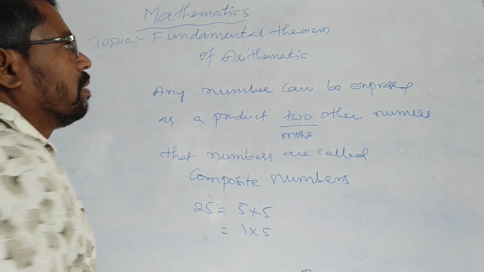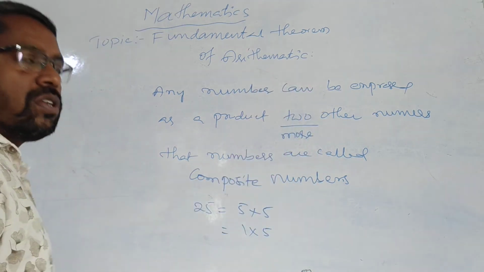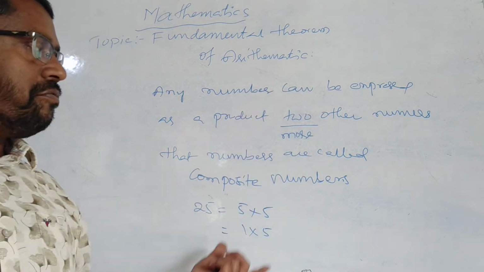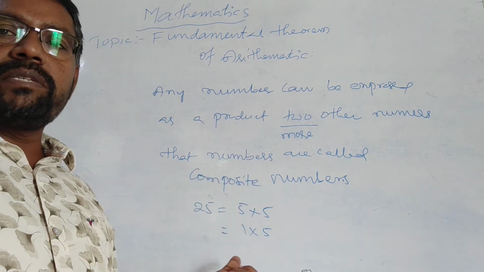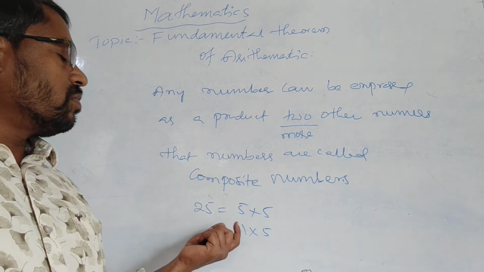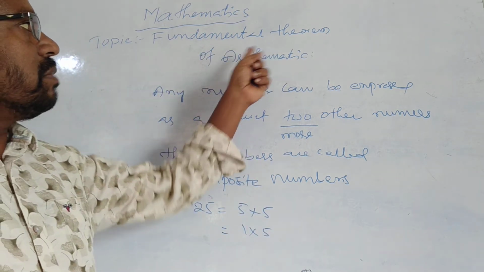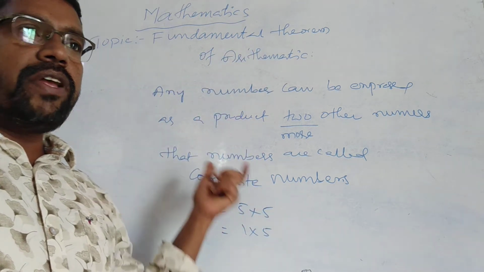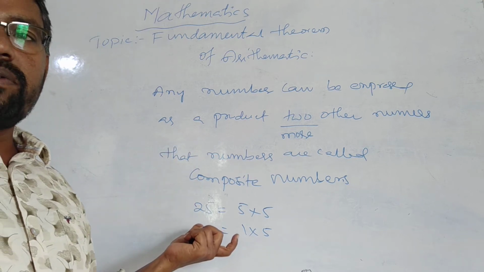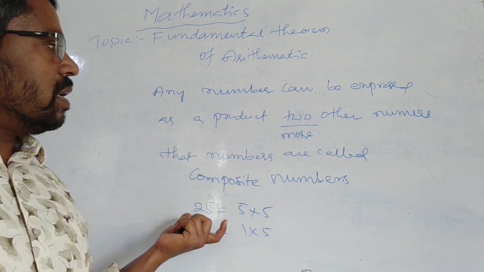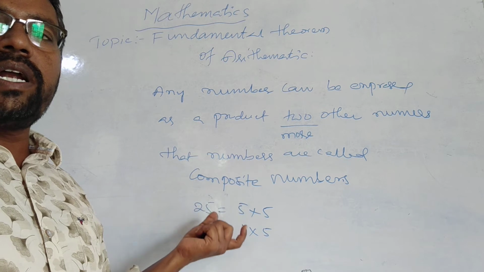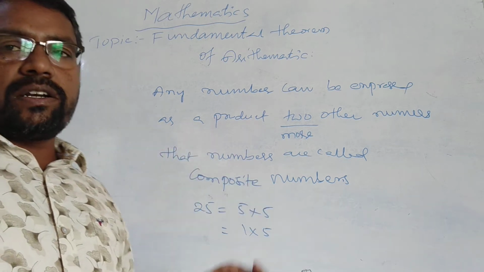We can say that, but other numbers also we can take. Every number can be expressed as the product of two or more. So what the fundamental theorem says is that every composite number has two or more factors.